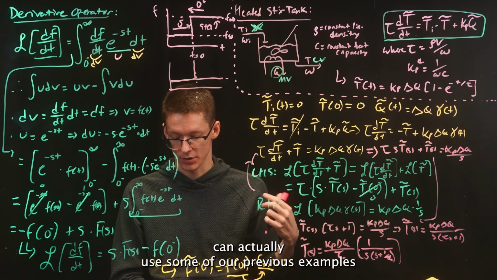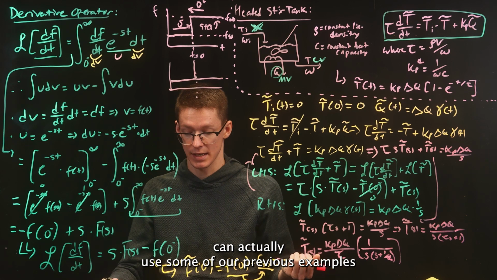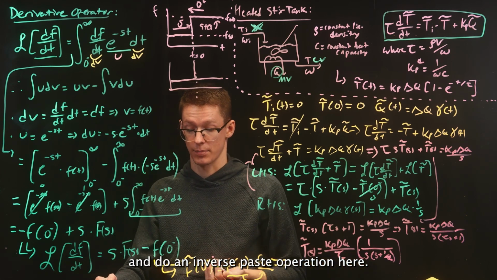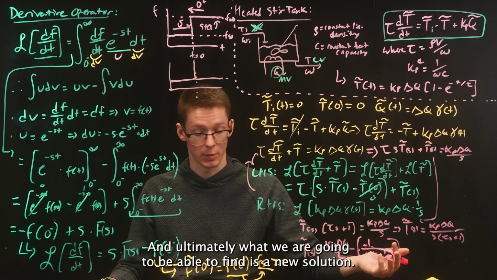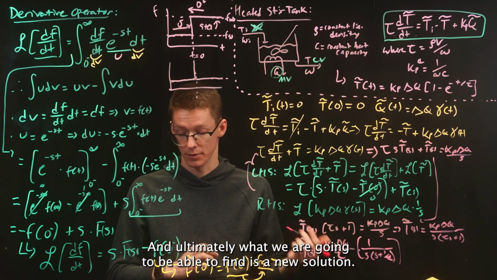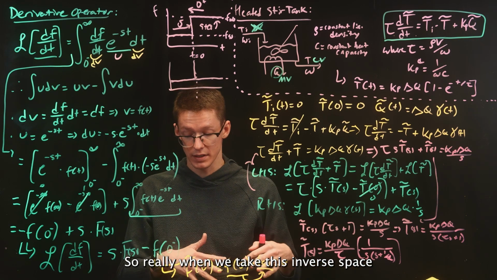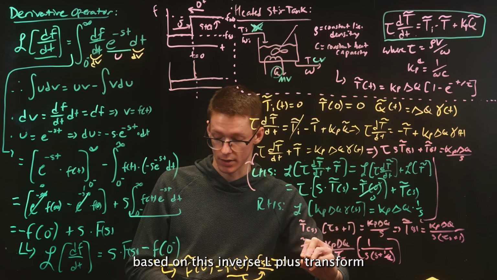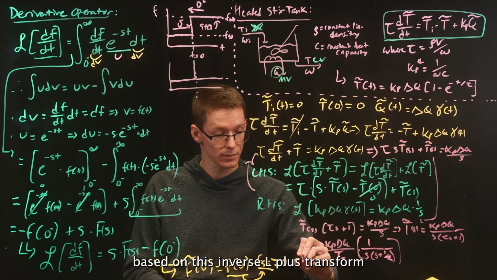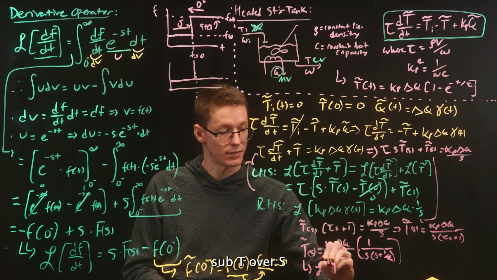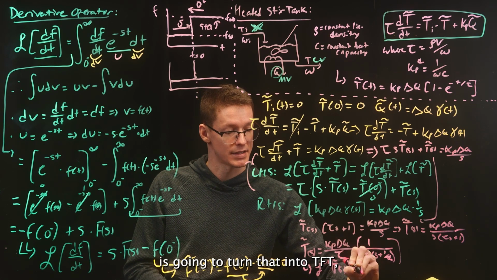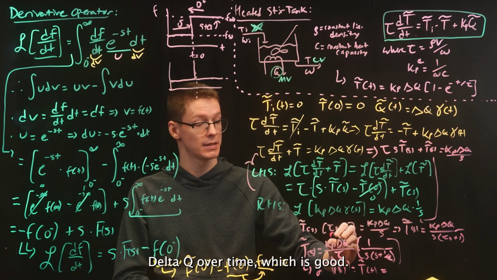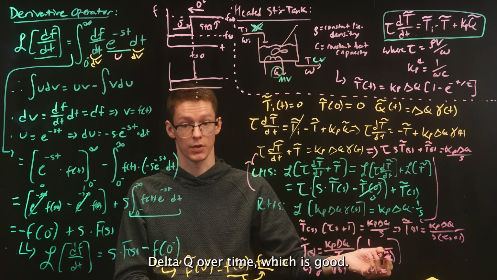Now, we can use some of our previous examples and our tables to do an inverse operation here, and ultimately we're going to find a new solution. When we take this inverse Laplace transform of this expression over s, it turns into T(t), which is going to be equal to Kp delta q over tau, which is good.